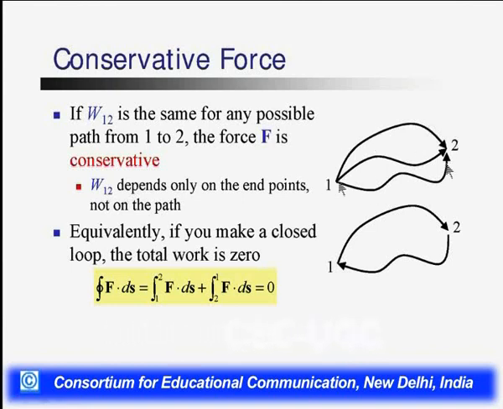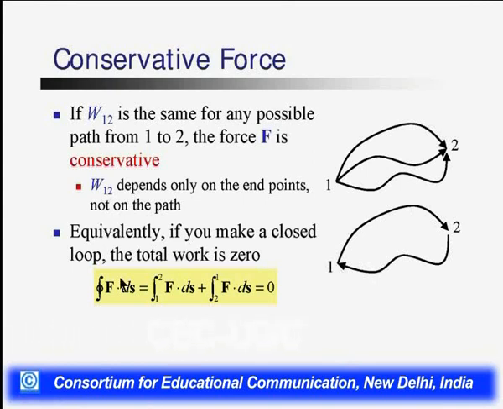Here we see that three paths have been defined. One goes from here to here, the second here, the third here. But in defining conservation, any path can be followed, as long as the end point is 2. Equivalently, if we make a closed loop, with the work function for 1 to 2 and 2 to 1, then the total work done is 0.